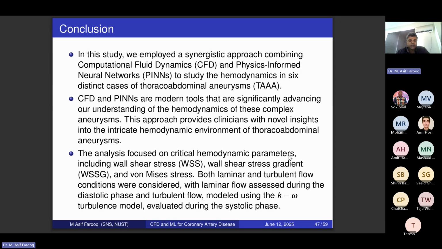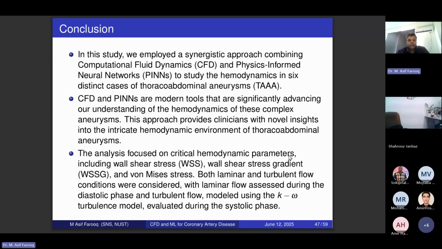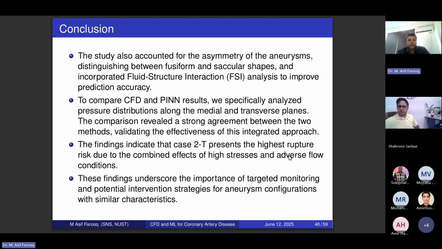We worked on laminar and turbulent flow for both cases, and fluid structure interaction has also been applied in this research. And the important part is the PINN result. We have compared the CFD and PINN results. They show good agreement. Sometimes there is some problem, but most of the time we have a good comparison over here.